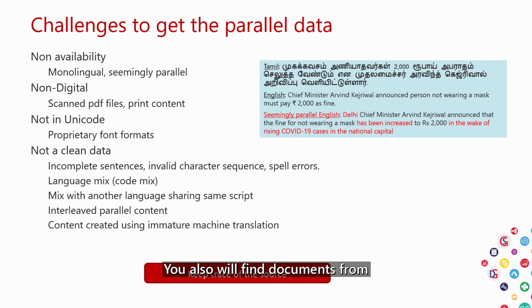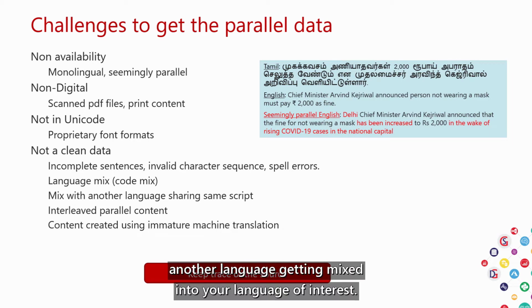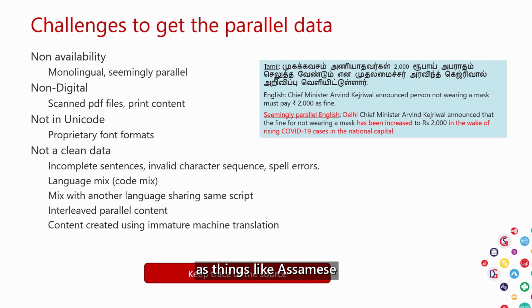You will also find documents from another language getting mixed into your language of interest. This especially happens when the languages share the same script. Things like Marathi and Hindi content getting mixed up, or Assamese and Bangla content getting mixed up.